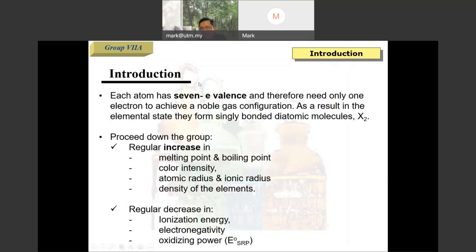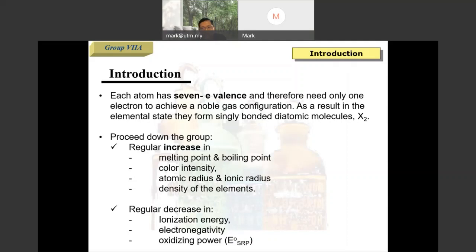Each atom, as I mentioned, has 7 valence electrons, and therefore needs only 1 electron to achieve a noble gas configuration, an octet configuration. As a result, in the elemental state, they form singly bonded diatomic molecules. They can share with another halogen to form single bonded diatomic molecules.